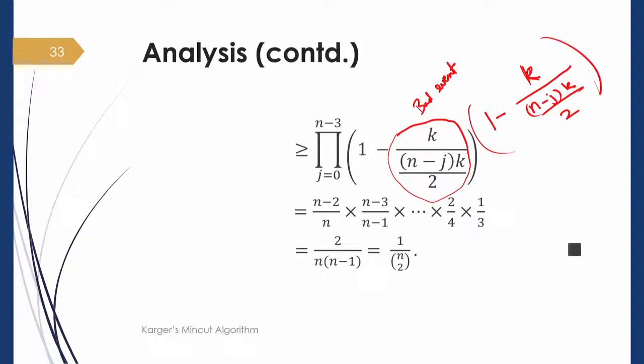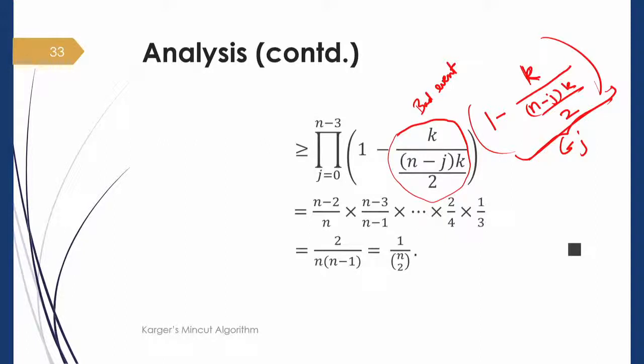The good event is that the edge that we picked is not actually an element of C star, and this is the good event for one particular Ej. Such a good event has to occur for every j, and therefore, we take a product over all j values, and this is the expression we get.